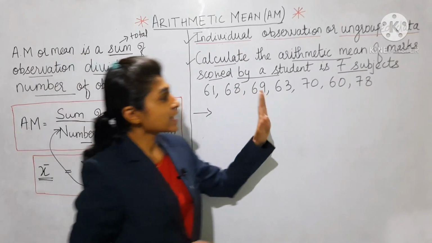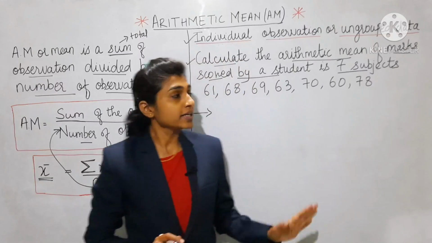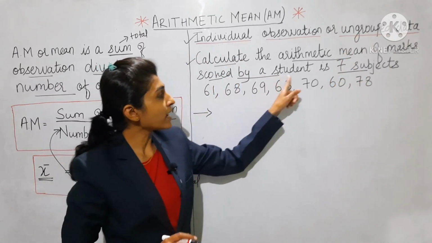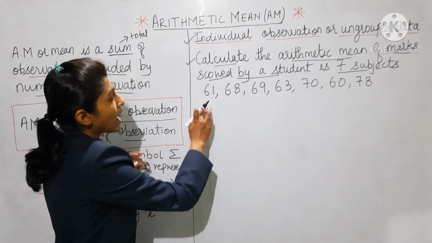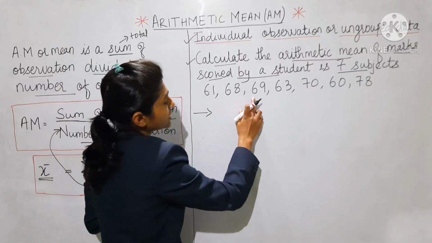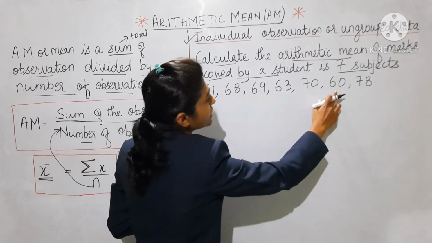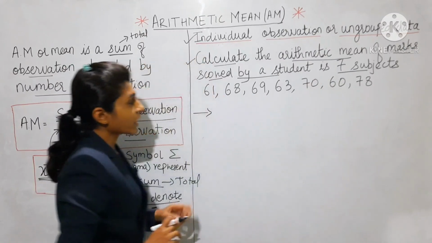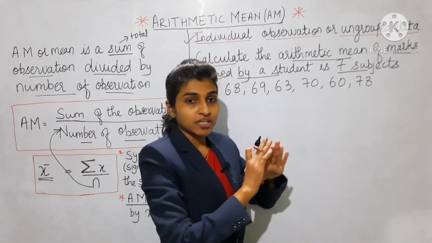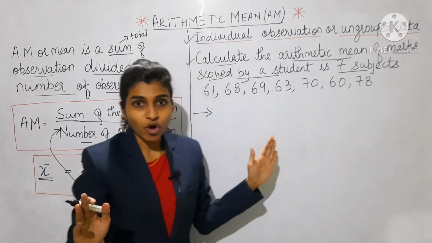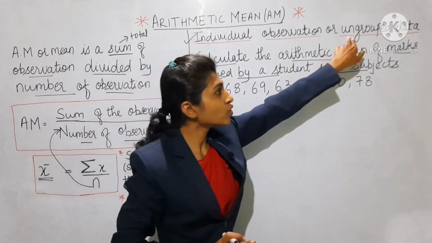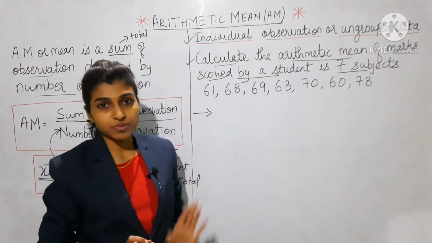The marks of the 7 subjects are 61, 68, 69, 63, 70, 60, 78. The marks are not in a group format, that's why we are calling this data ungrouped data or individual observation.